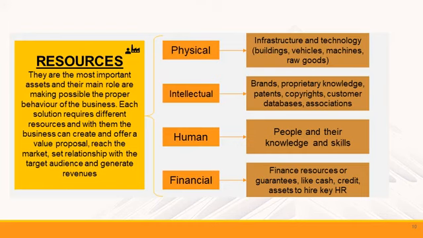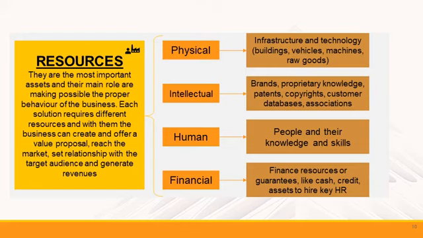Physical resources are related to infrastructure and technology. Here we are going to include the different buildings, the vehicles, the machines and the raw goods. In the intellectual key resources, we are going to include the brands, the proprietary knowledge, the patents, the copyright, the customer databases, the associations, all of these that are non-material resources.